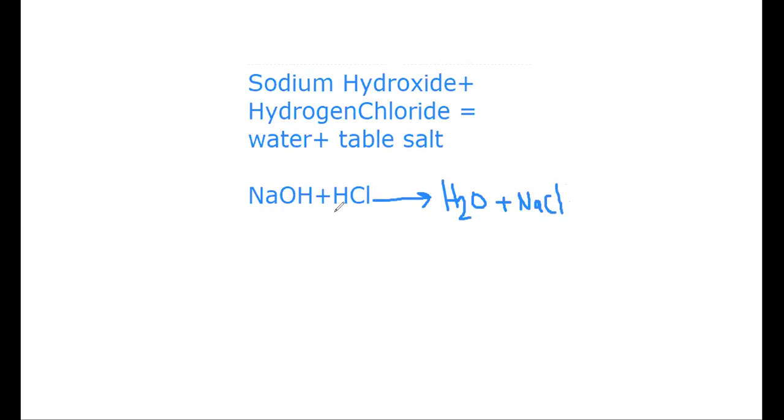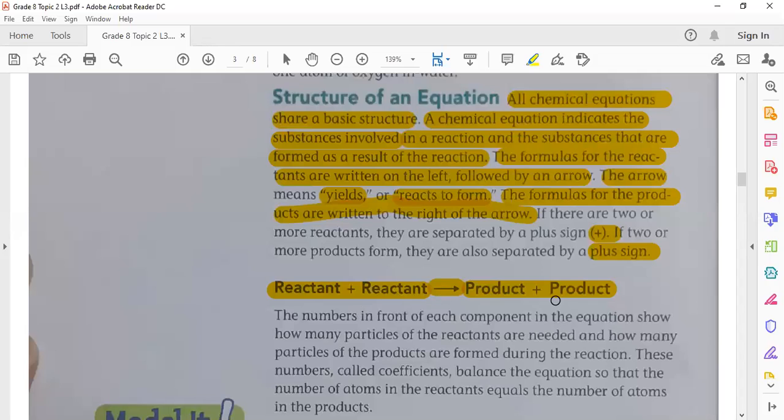So we have two reactants and two products. This is an arrow, and this is a chemical equation. Okay, clear? Yes. Reactant, product.